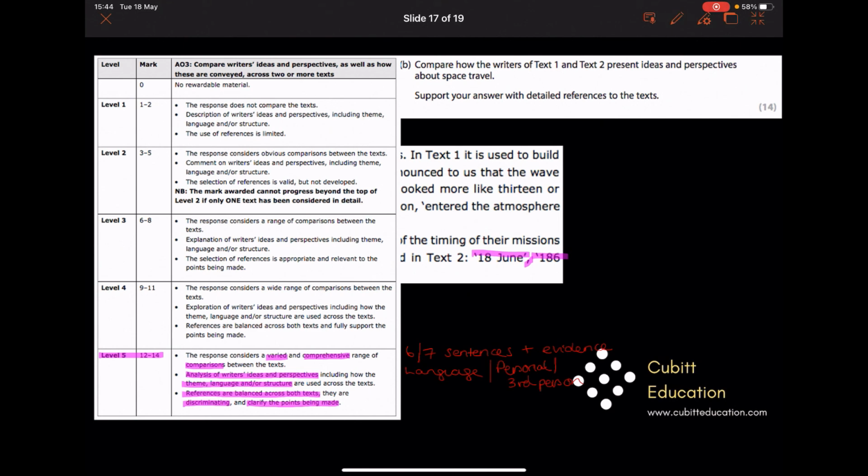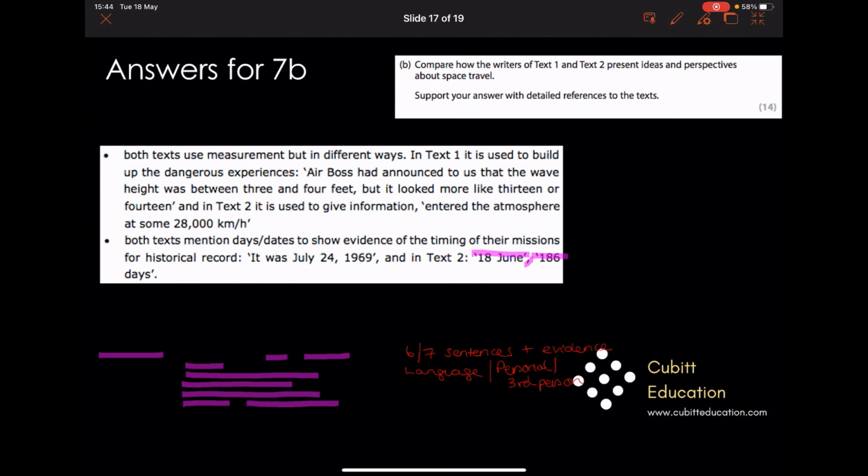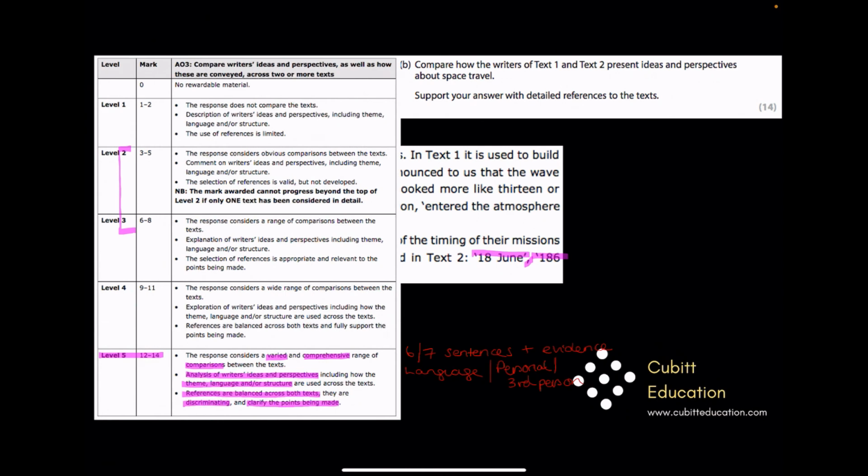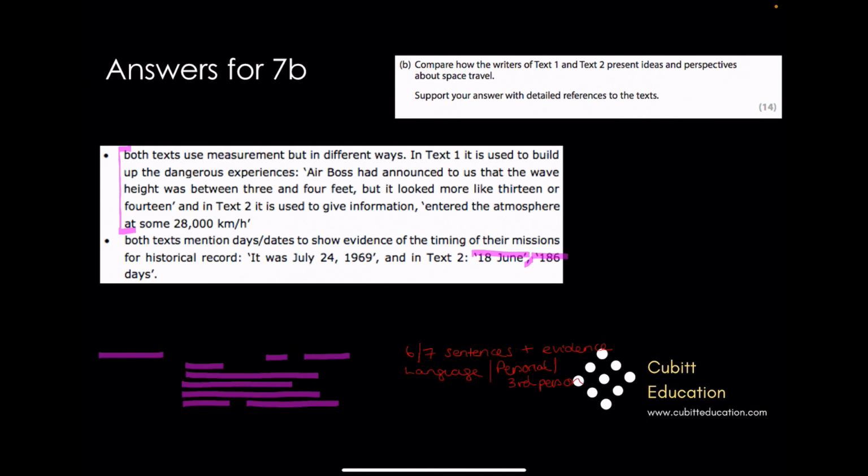For example, we can use this as an example here. References are balanced across both texts. They are discriminating and clarify the points being made. Both texts use measurement, but in different ways.